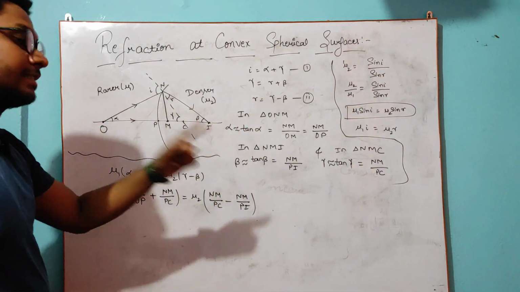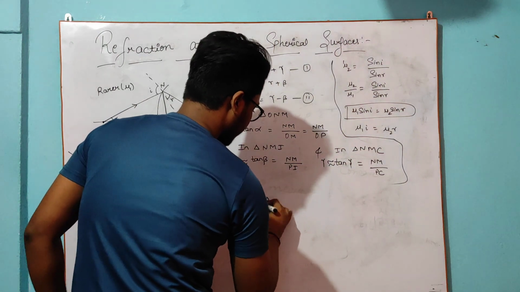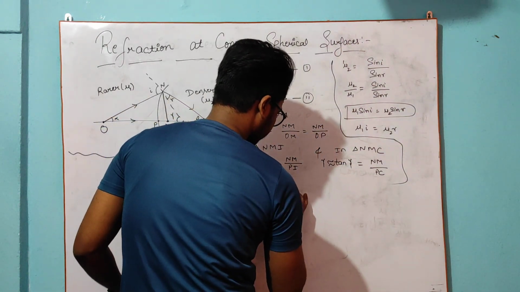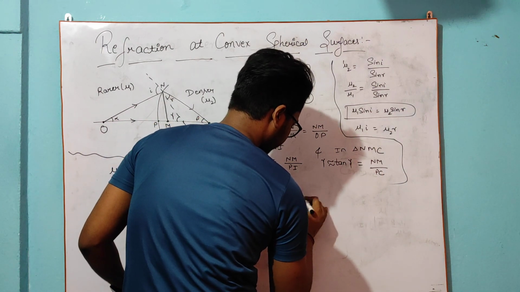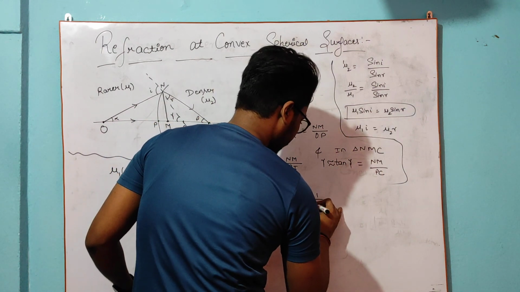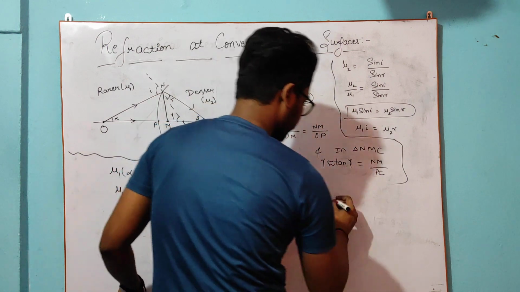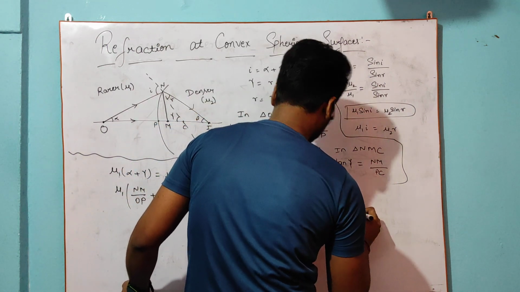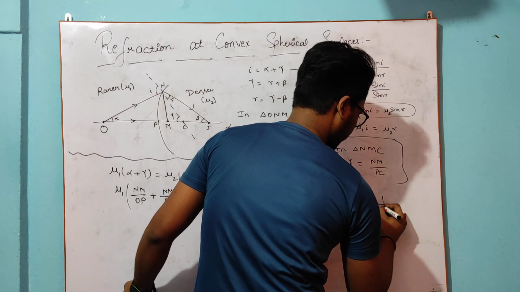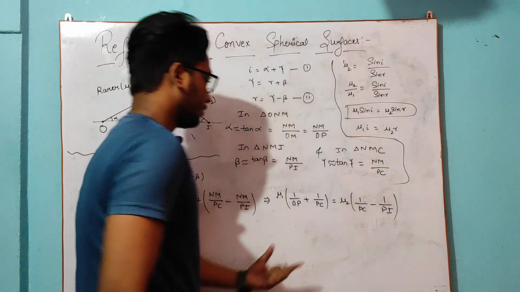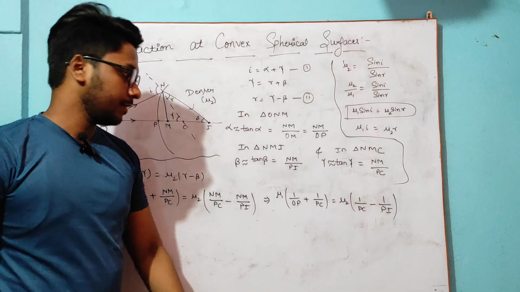Now NM cancels from both sides, and we are left with mu1 times (1 upon OP plus 1 upon PC) equals mu2 times (1 upon PC minus 1 upon PI). This is what we had left.